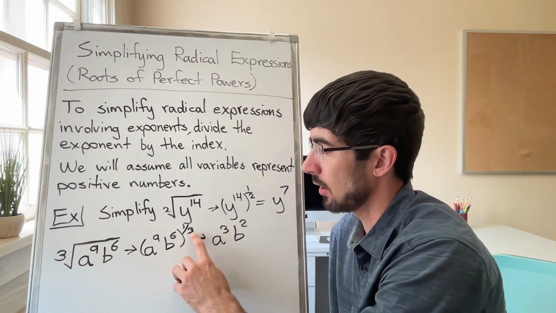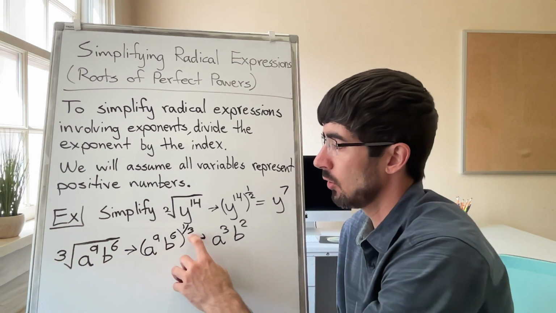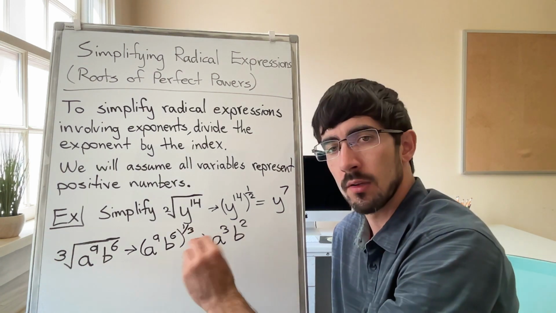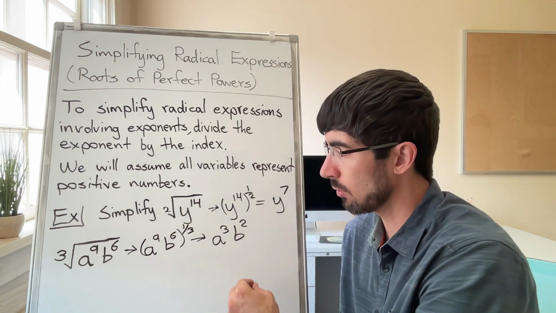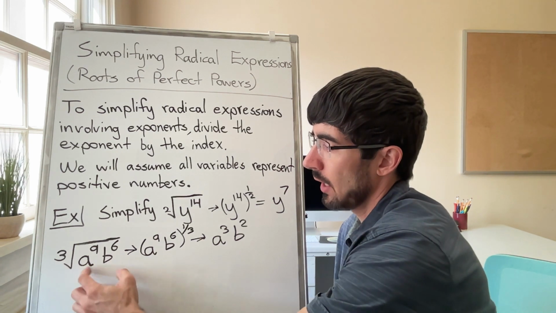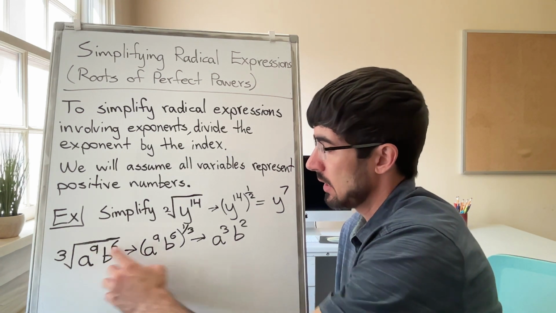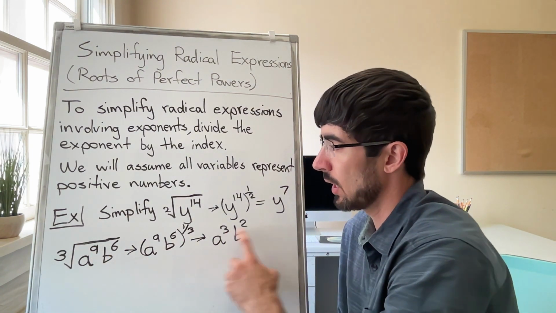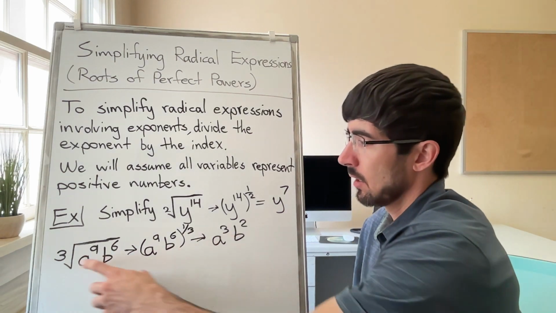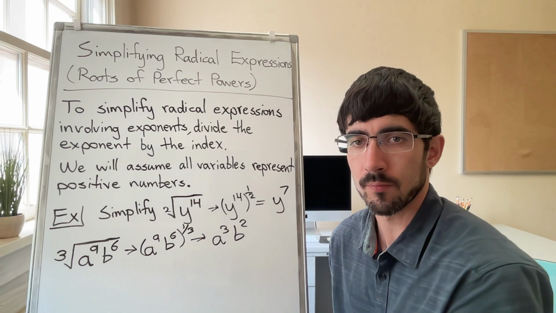The same thing here. Taking a cubed root means a 1/3 power. Multiplying by 1/3 is the same as dividing by 3. And so I can use that shortcut of division to say the cubed root of a to the 9th, b to the 6th is a cubed b squared. That's just dividing both of these exponents on the inside by the index of 3.